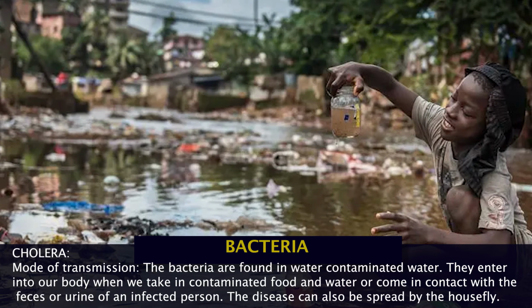So let's talk about the causative organism of cholera. Which specific microorganism causes cholera? Cholera is caused by a bacterium called Vibrio cholerae or Vibrio eltor. The shape of this bacterium is comma shaped.